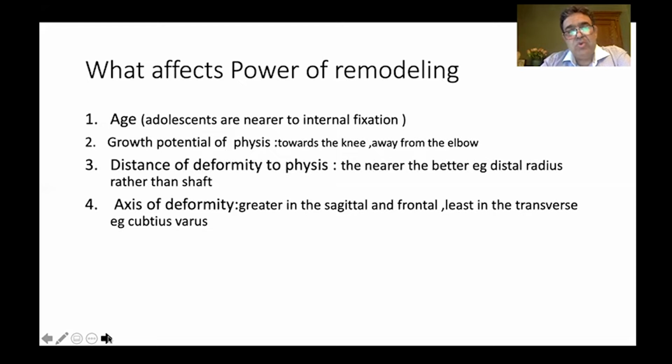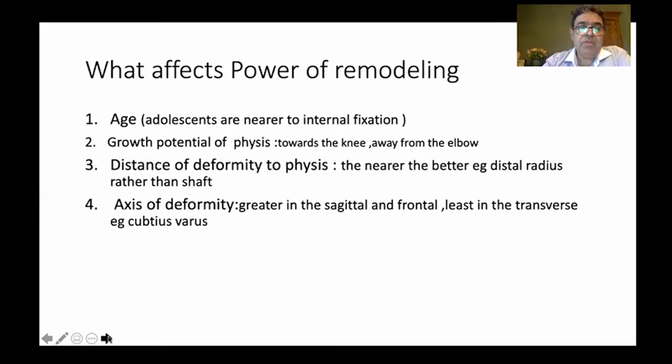We accept major deformities near the shoulder, while near the elbow there is very low power of remodeling, and that's why if we have a supracondylar fracture that ends up with mild cubitus varus, it's not anticipated that this will remodel because the distal humeral physis is a very weak growing physis.